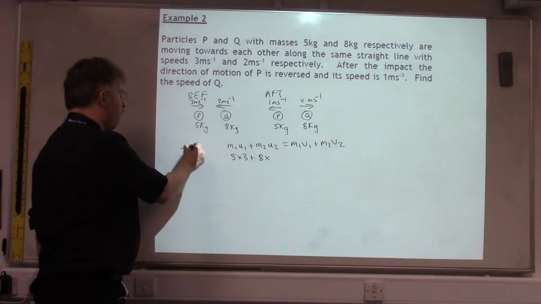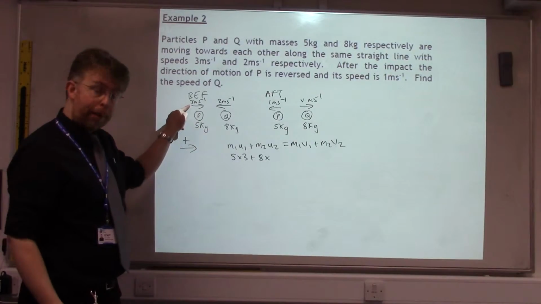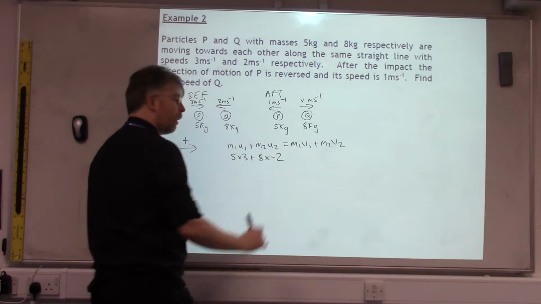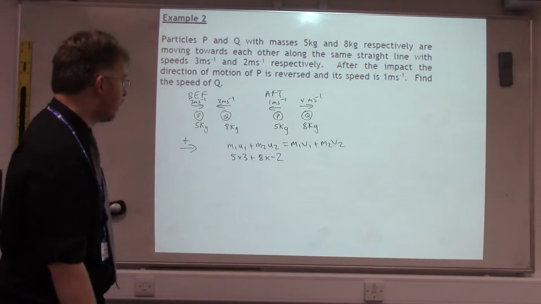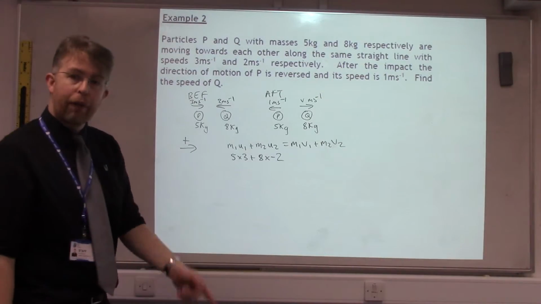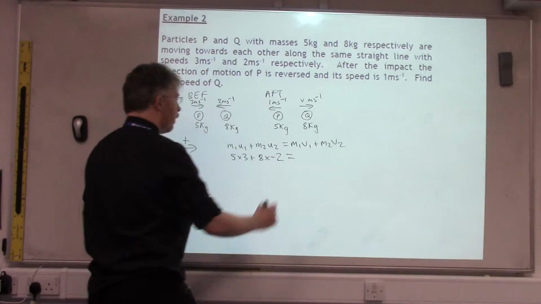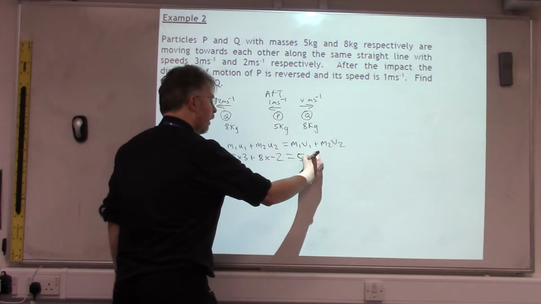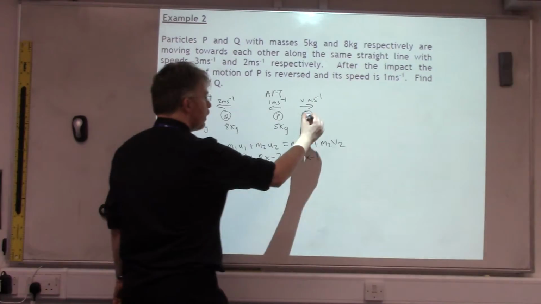So if we're making right positive, which we have by making it plus 3, 2 is going to the left, so it's minus 2. And this is a key point, this is where people tend to make mistakes in these sort of questions. So if we make right positive, left must be negative. Equals 5 times, and again, it's pointing to the left, so it's minus 1 and not just 1, plus 8 times V.